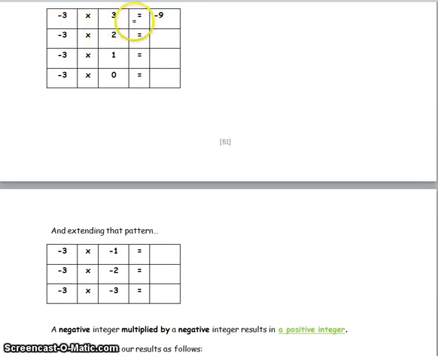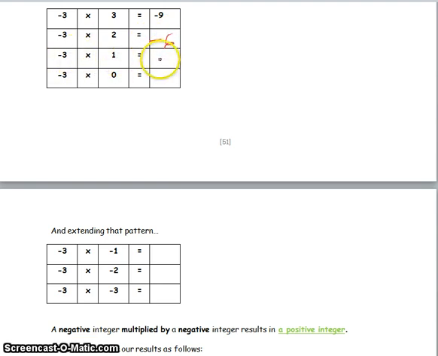Now, following our pattern again, we can make assumptions about this pattern here as well. If you notice, these lead numbers are negative 3, and these numbers here go down by 1. So we had negative 3 times 3, which is negative 9, and negative 3 times 2 is negative 6.